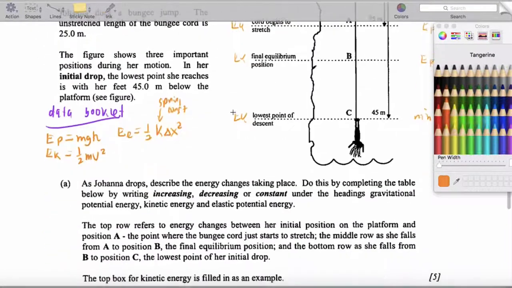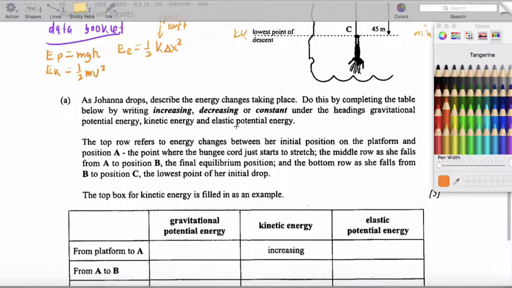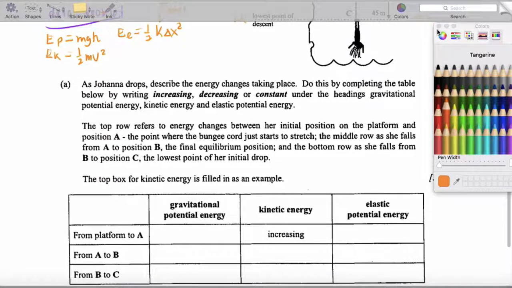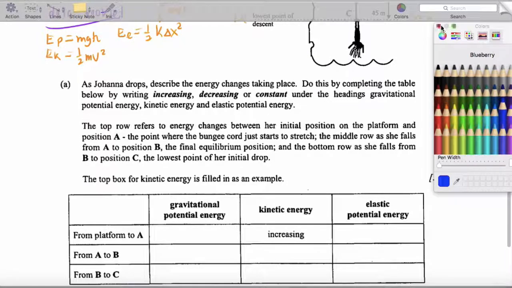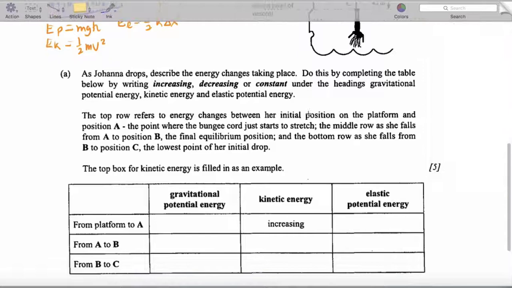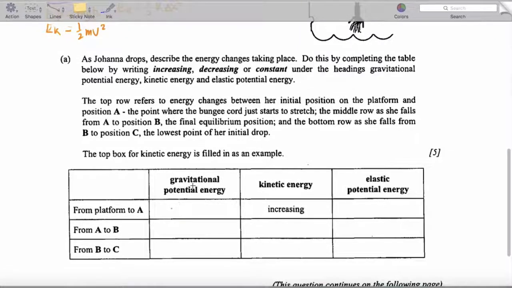So we have young Joanna doing a bungee jump, and we want to see what happens to the energy. So let's just go ahead and actually track this. From the platform to A, every time we get lower and lower, our gravitational energy decreases.